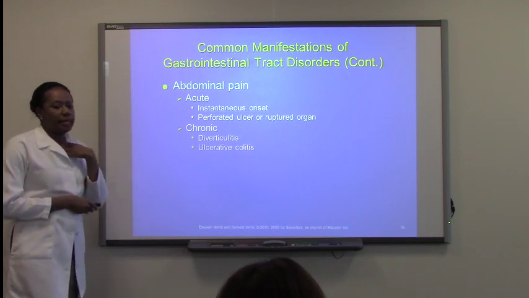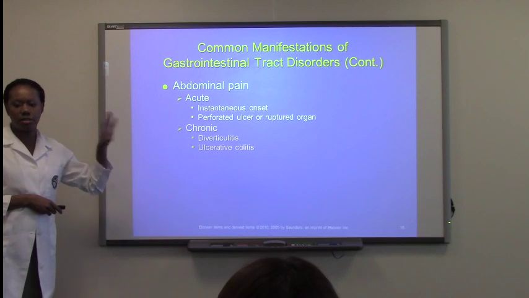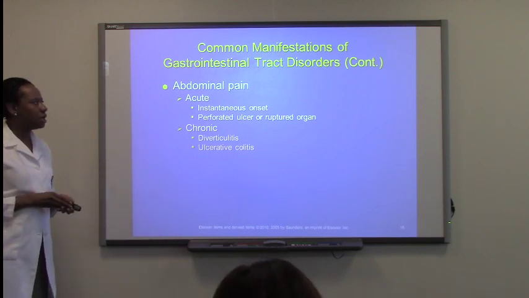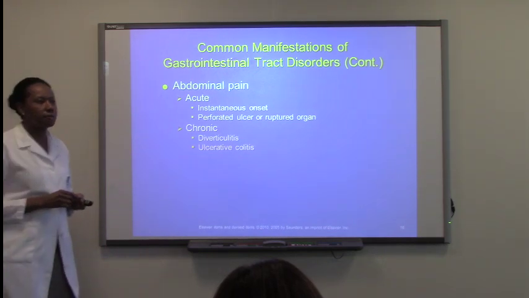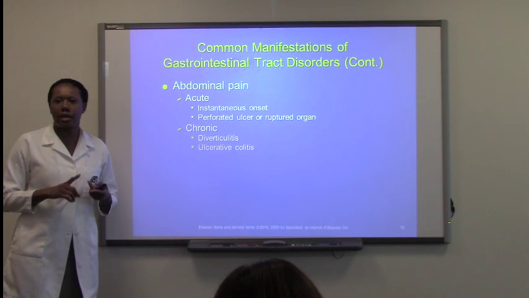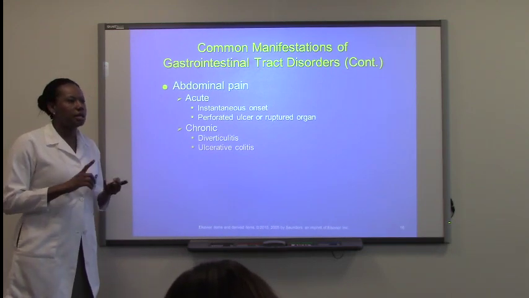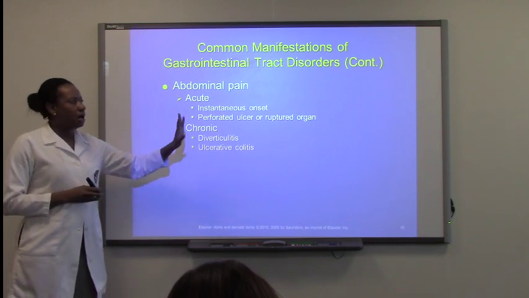Now, abdominal pain can be acute or chronic, and we will go into some of the different acute and chronic disorders. Acute is instantaneous onset. Keep in mind that this can come from, most of the time, types of itises, so whether we're talking about appendicitis, gastritis, gastroenteritis, any of the itises.